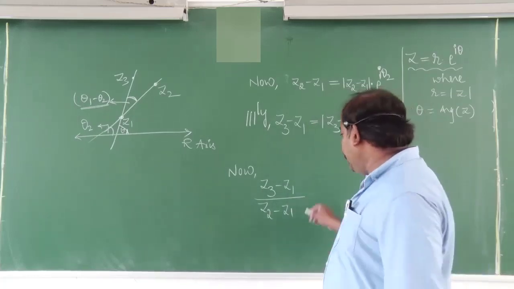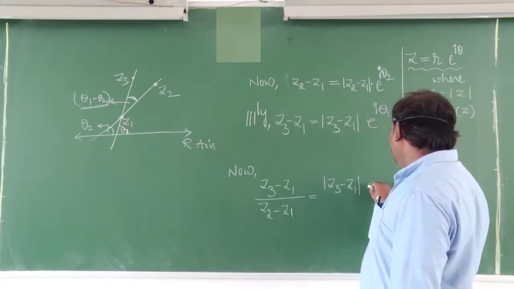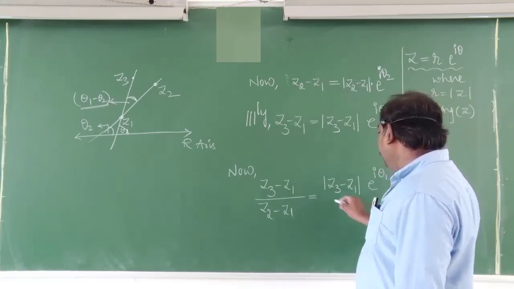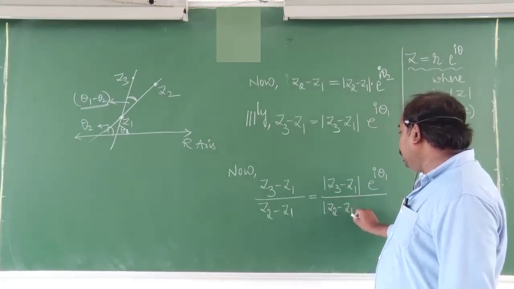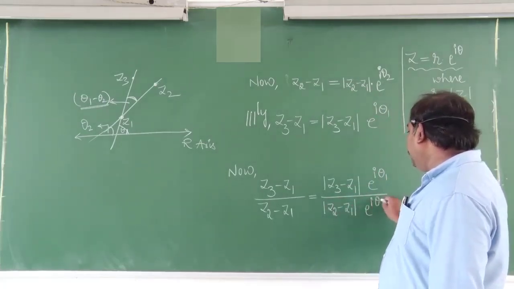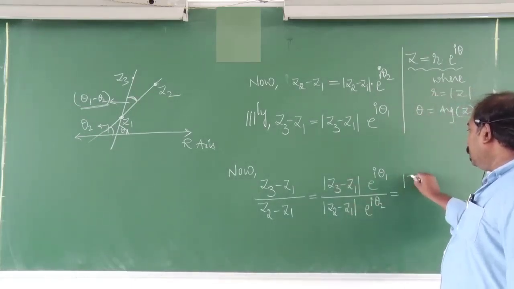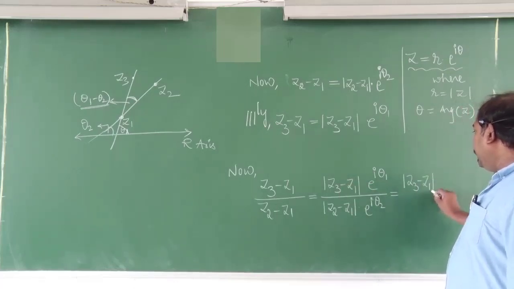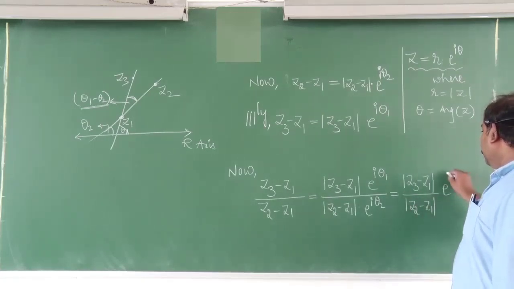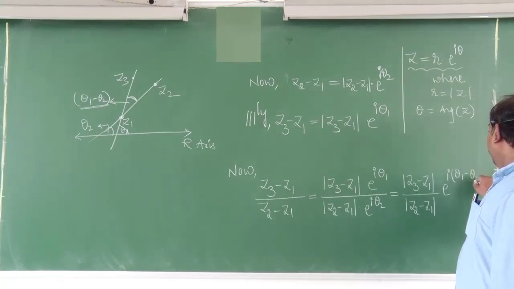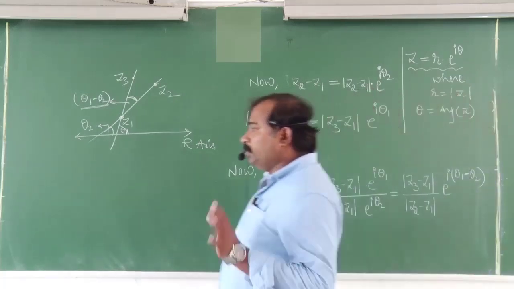Z3 minus Z1 by Z2 minus Z1 is equal to modulus of Z3 minus Z1 into e power I theta 1 by modulus of Z2 minus Z1 into e power I theta 2, which is equal to modulus of Z3 minus Z1 by modulus of Z2 minus Z1 into e power I theta 1 minus theta 2. This is the rotation theorem or Coney method.